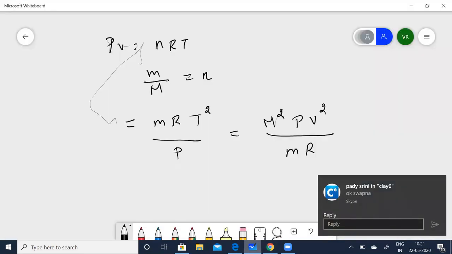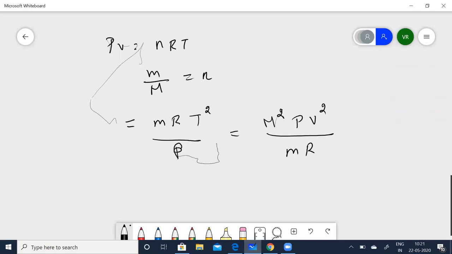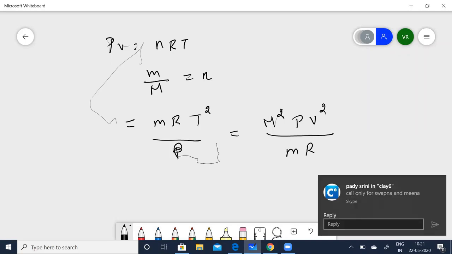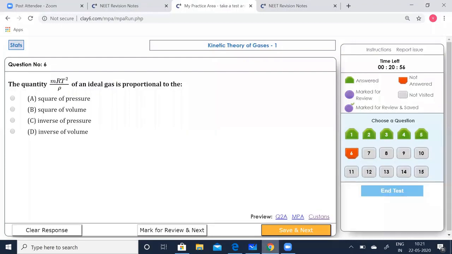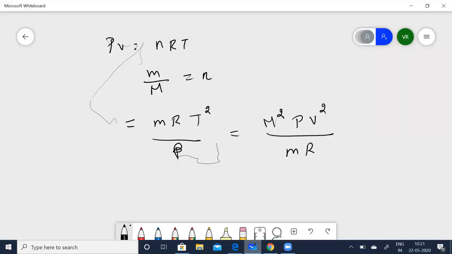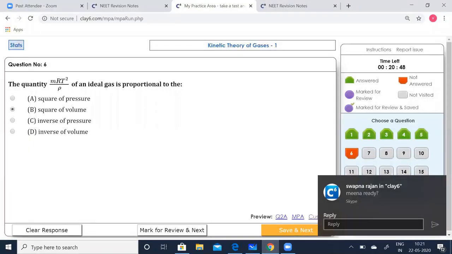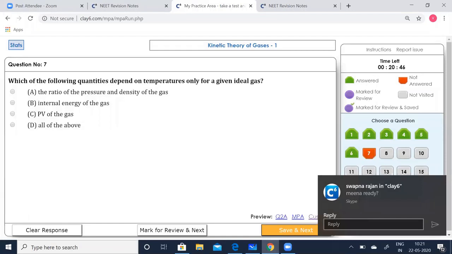This is rho, children, not pressure. Rho is proportional to P, the pressure. So the square of pressure, the square of the volume. Yes, it is going to be the square of the volume. Click that, go to the next, save that.